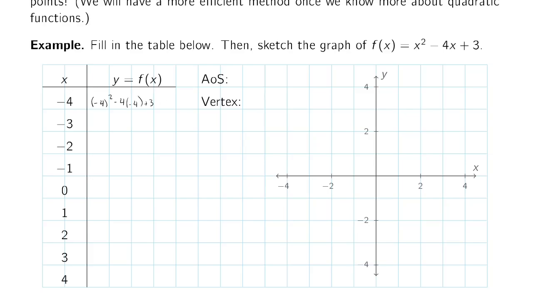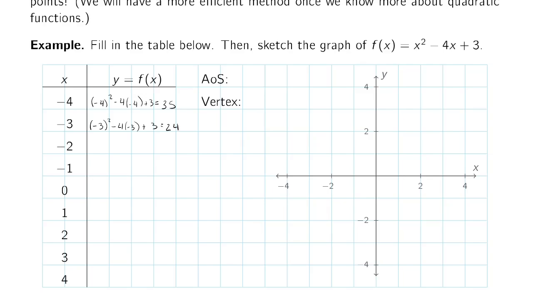And throwing that into a calculator, we see that that gives us 35. That's not going to be a useful point for our graph, but let's just keep going. When x is -3, we'll have -3 squared minus 4 times -3 plus 3, which works out to 24.